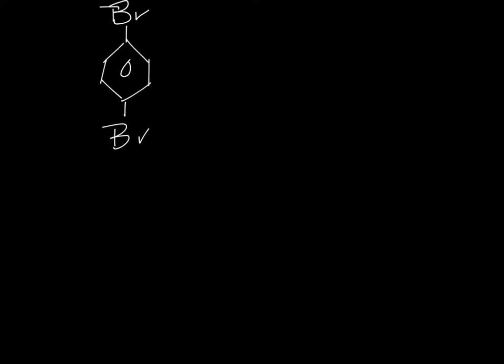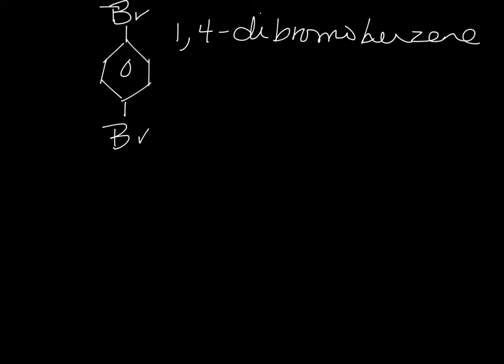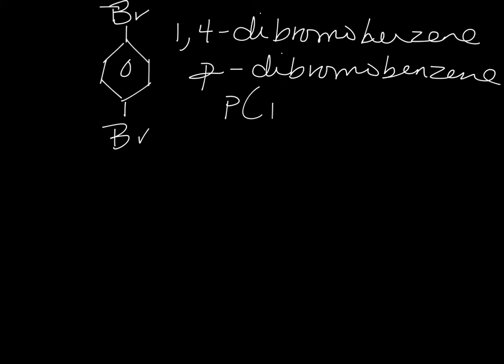So this is going to be 1, 2, 3, 4, 1,4-dibromobenzene, or it's going to be called para-dibromobenzene. And the para, meaning that groups are opposite one another.